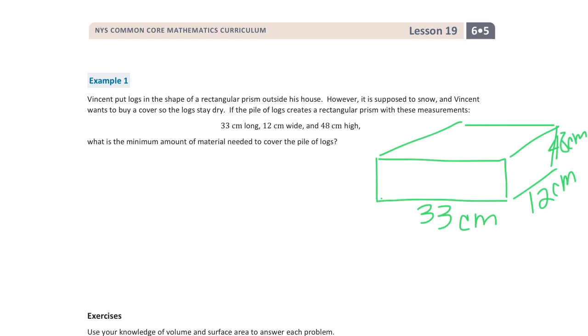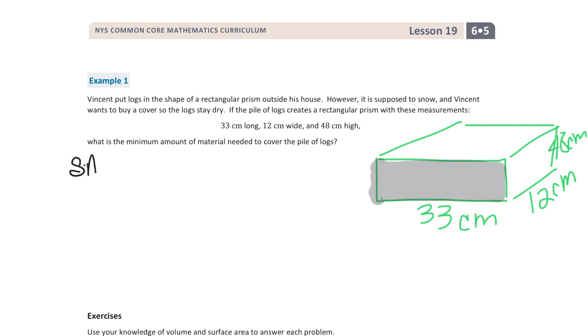So I want to figure out, first I'm going to think about the front side. Okay. So that front side is 33 by 48. So I will need the front and the back.